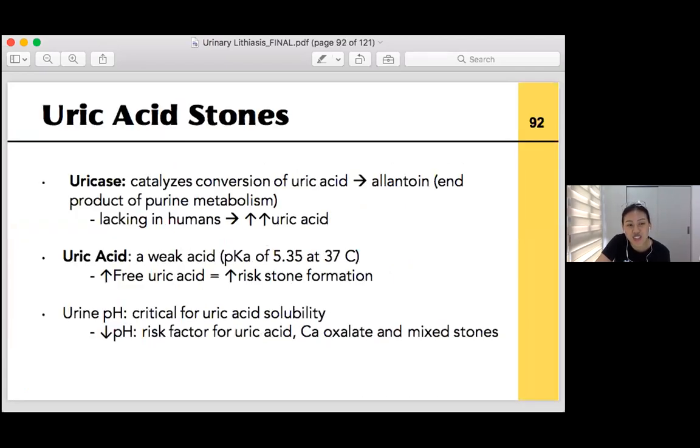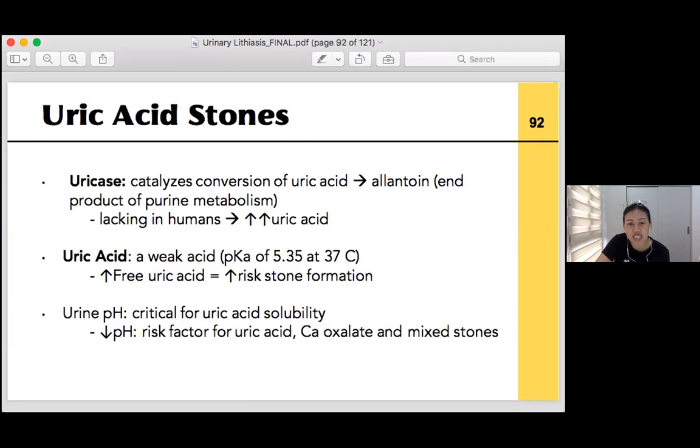For uric acid stones, on the other hand, most mammals, except us humans and Dalmatians, contain uricase, which catalyzes the conversion of uric acid to allantoin, or the end product of purine metabolism. Because we lack this uricase, we accumulate significantly higher levels of uric acid in our blood and urine.